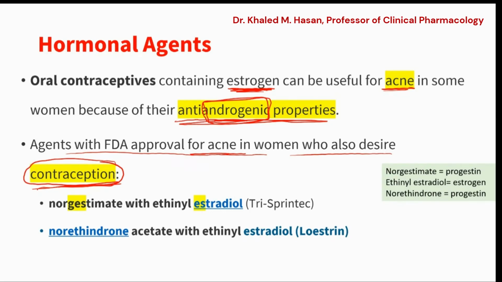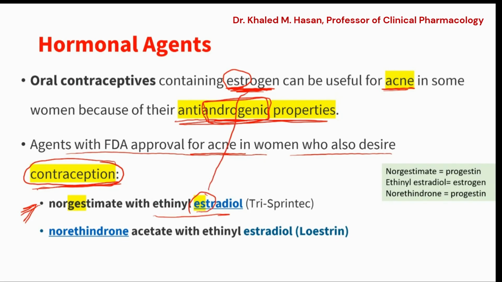In practice, we have norgestimate and ethinyl estradiol. Wow, it's very difficult to remember this name. Ethinyl estradiol is the popular name. To remember estradiol, look at the first 3 letters: est, estrogen.